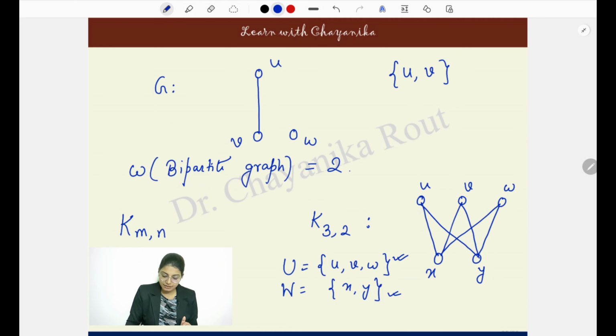Similarly, the other independent set XY is also maximal because I cannot include any of the other vertices U, V, W in this set XY because X and Y both are adjacent to every vertex of the other partite set. So this is also a maximal independent set. Now of these, the maximum is U, V, W. So that will give me the independence number, which is 3 in this case. So alpha of K32 is 3.